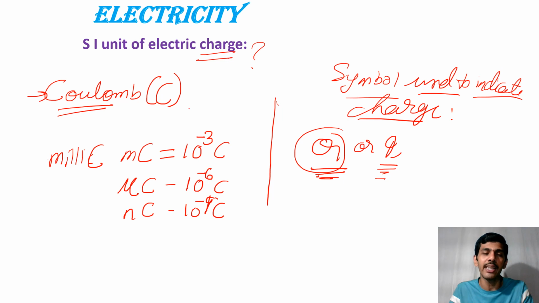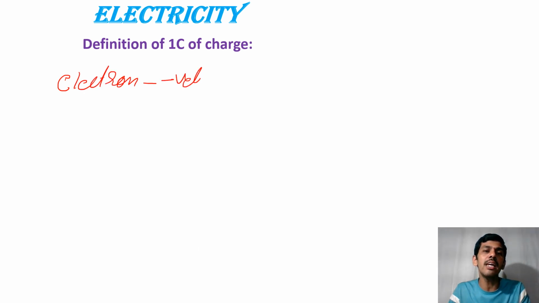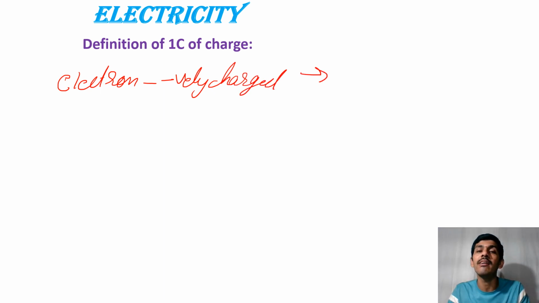Next, moving on to the definition of 1 coulomb of charge. When will the charge be 1 coulomb? We know that we define the charge of an electron as negative. We have already defined the electron as negatively charged, but we didn't specify how negative the electron's charge is.